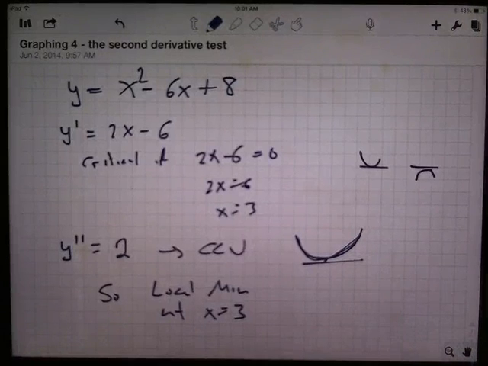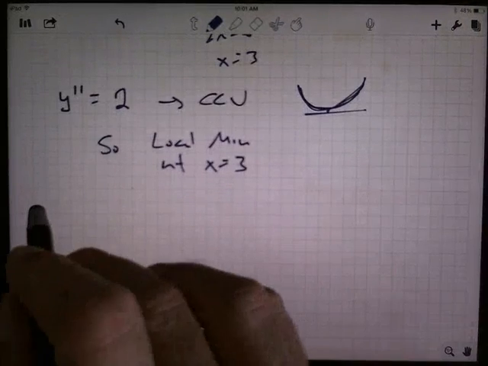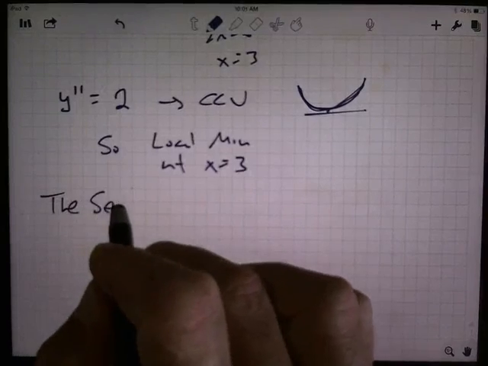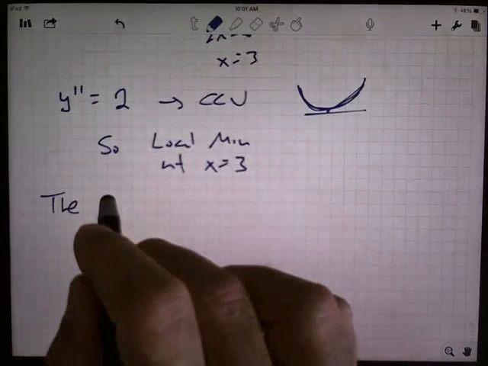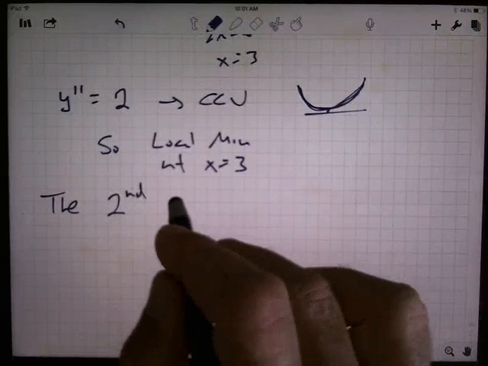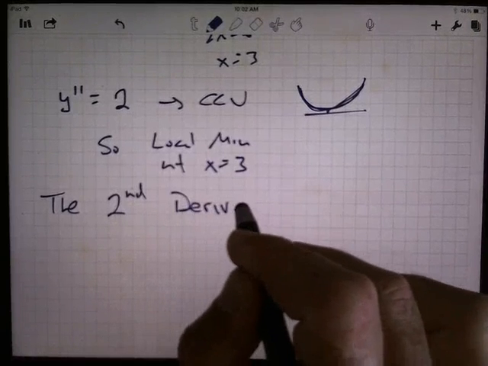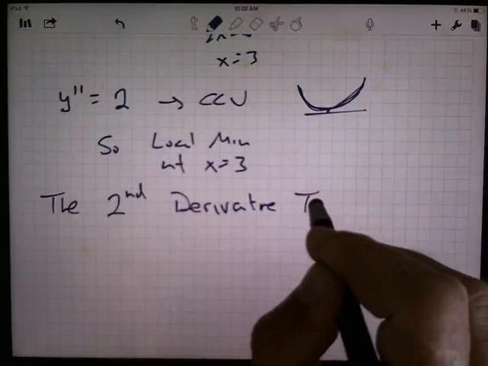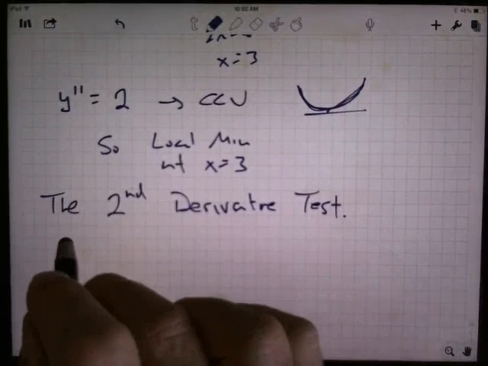This is what's called the second derivative test. And let's write this down. The second derivative test. Let's spell second this way. Second, there we go. Derivative test. Second derivative test says this.